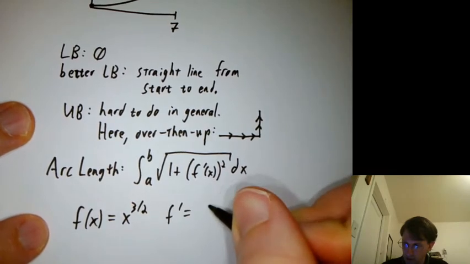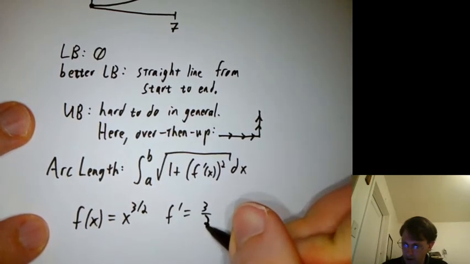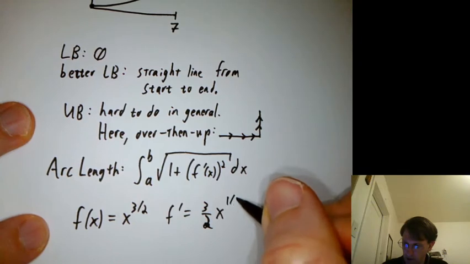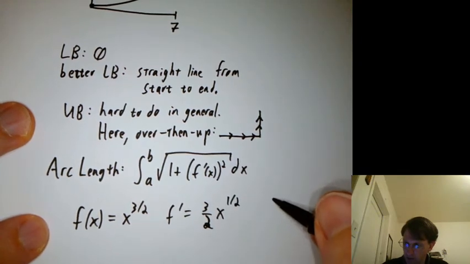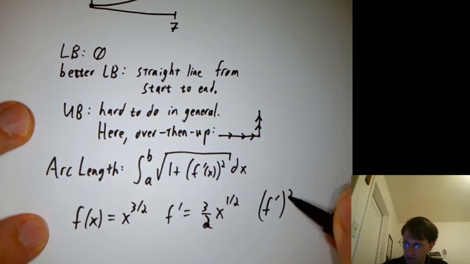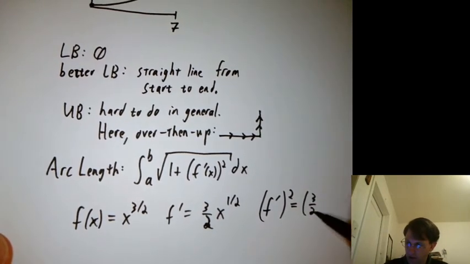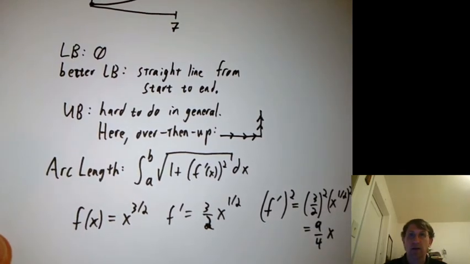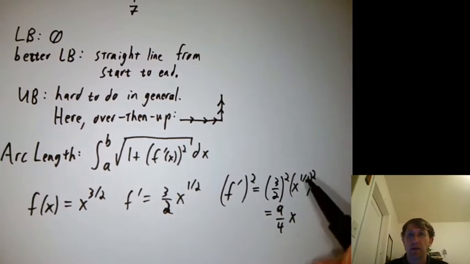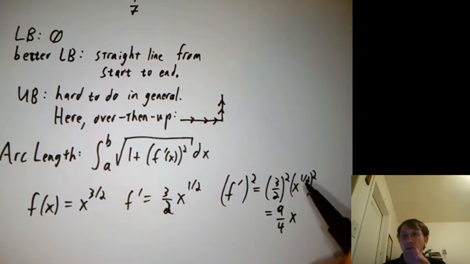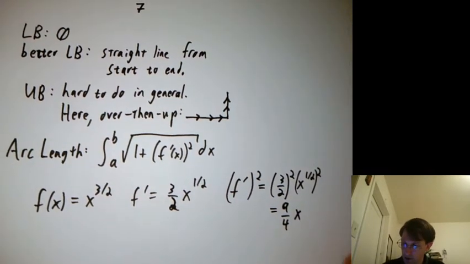F prime is 3 halves x to the 1 half. While we're doing it, why don't we do f prime squared? That would be 3 halves squared times x to the 1 half squared, which would be 9/4 times just plain x. That's kind of handy that the 1 half power cancels the 2.